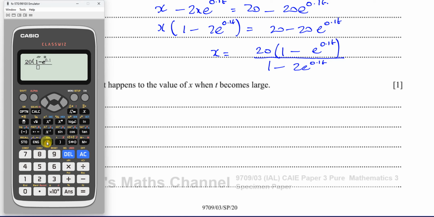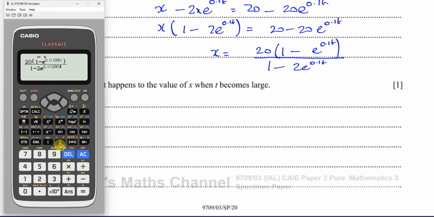So you've got e to the power of 0.1 times. Now what you can do is choose t as a large number. Let's say we choose t as 1,000. We can go larger later if we need to. 1 minus 2 times e to the power of 0.1, times 1,000.